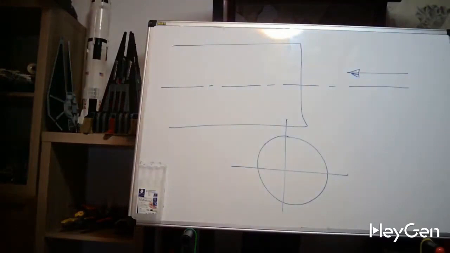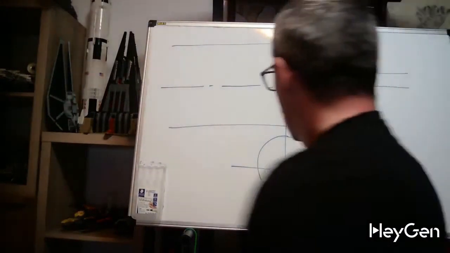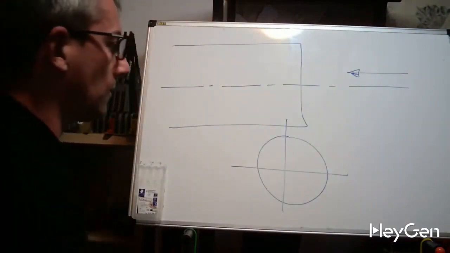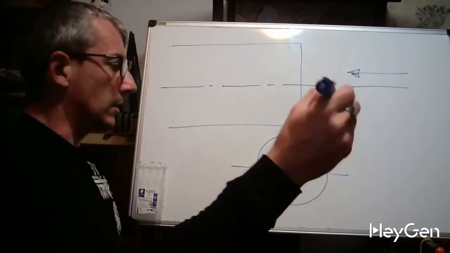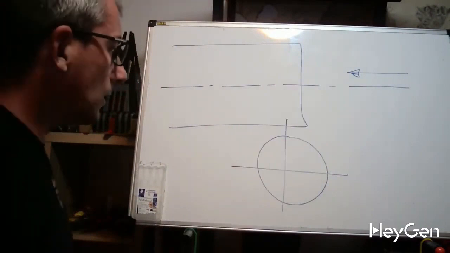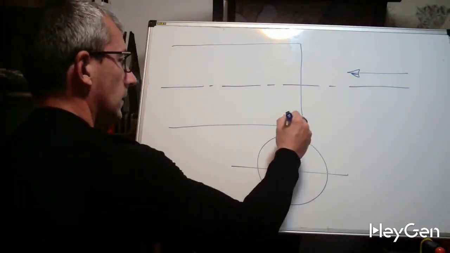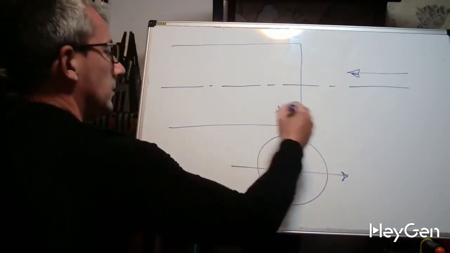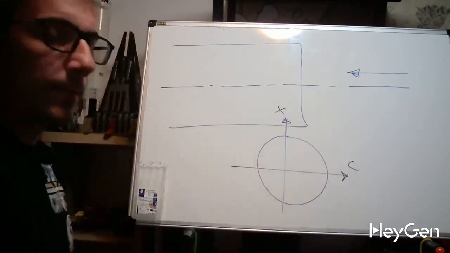Okay, things are going to change. I can't use the Z-axis because the Z-axis goes directly towards the tailstock. I can use the X-axis, and I need to enter the C-axis as a linear dimension.